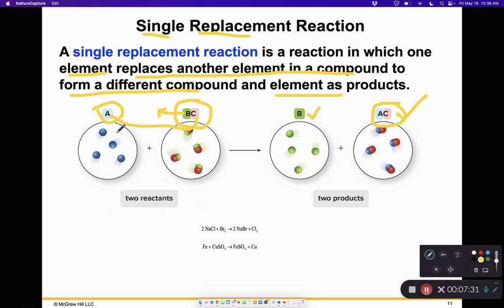So we have two reactants giving two products. Sometimes we may have more products if they further break down, but in this particular example, we have 2 versus 2, where B is kicked out as A replaces B. So single replacement reactions generally have BC, which means they do have a pair, right?